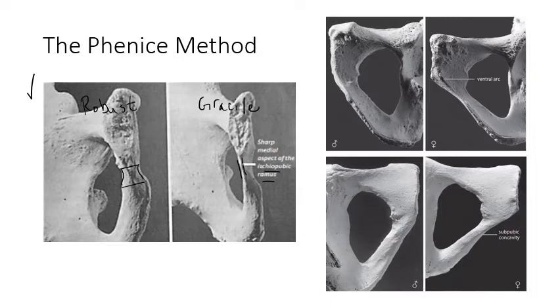If we move over to the other features in addition to the ischiopubic ramus, there's three areas that we want to look at. Number one is that ischiopubic ramus. Number two, we're up here with the ventral arc. Okay, and I'll tell you more about that in a second. And then the third one is something referred to as the subpubic concavity. And I had mentioned that in the last slide as well.